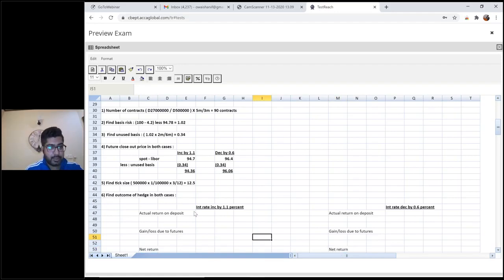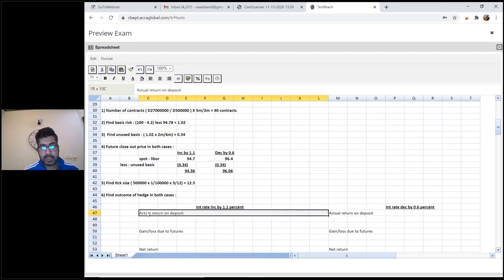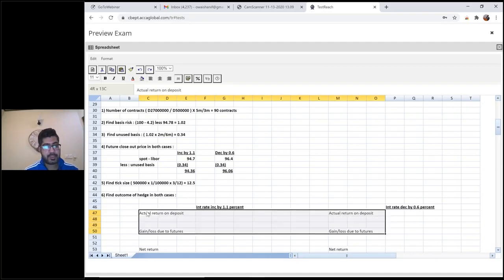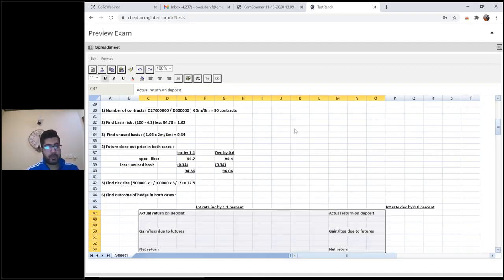Okay, so this is how things work, that you need to find the outcome of hedge in both cases. So the both cases are increased by 1.1, decreased by 0.6. You need to show actual return on deposit or actual cost of borrowing format.